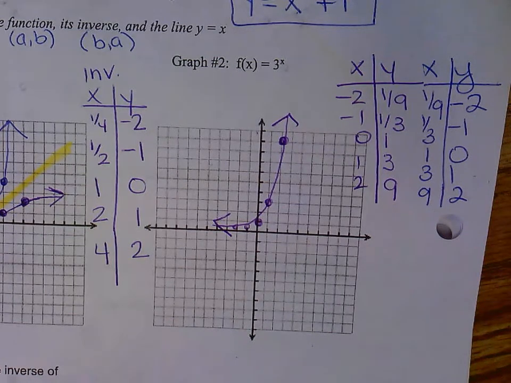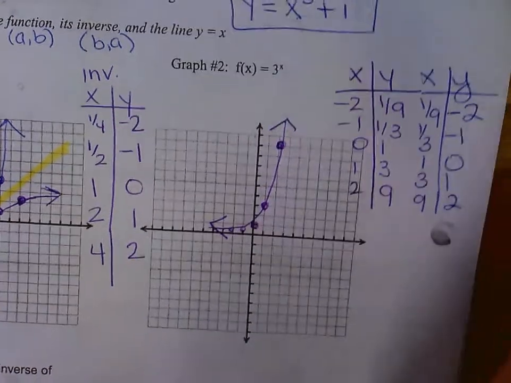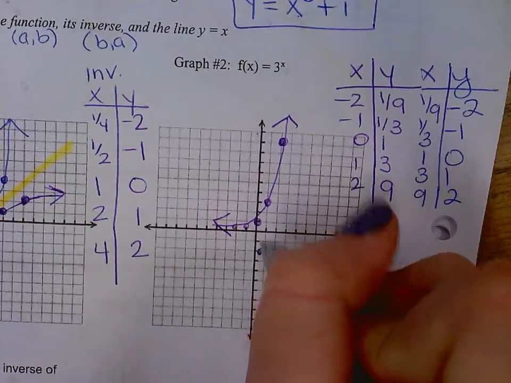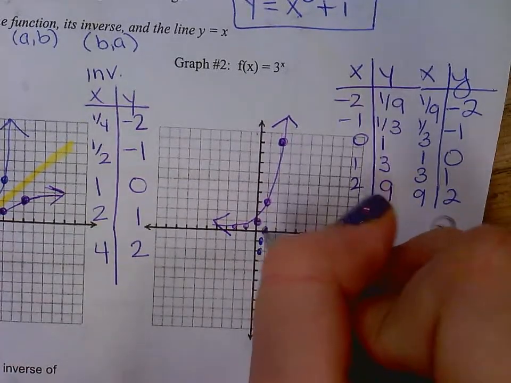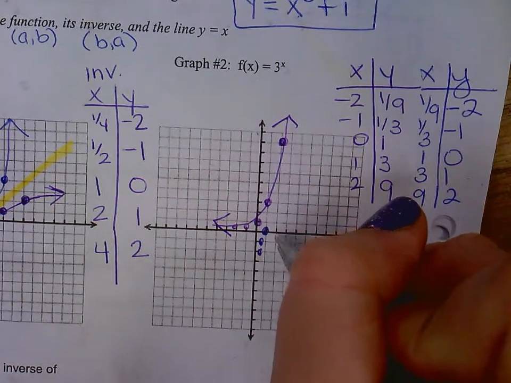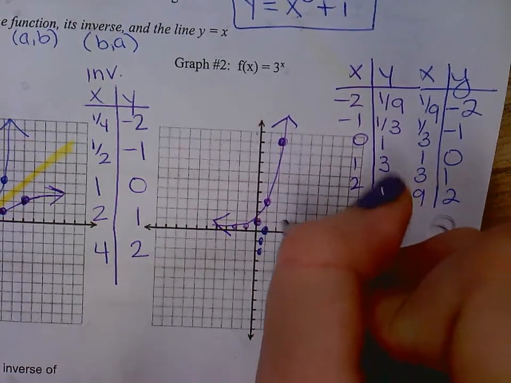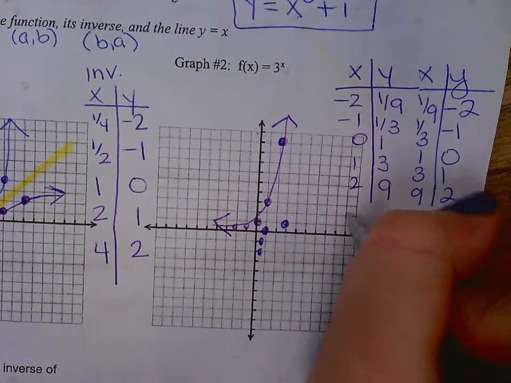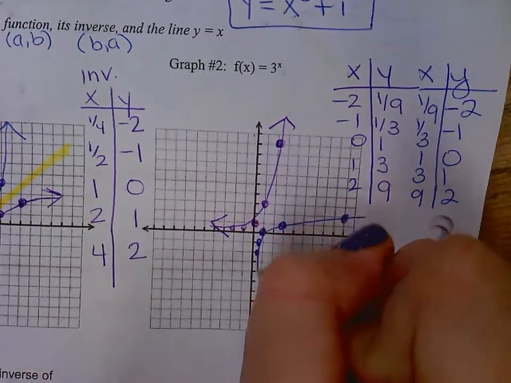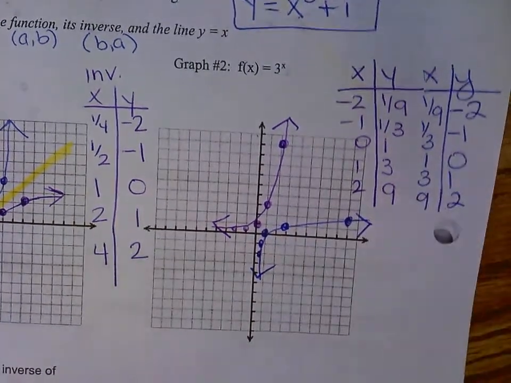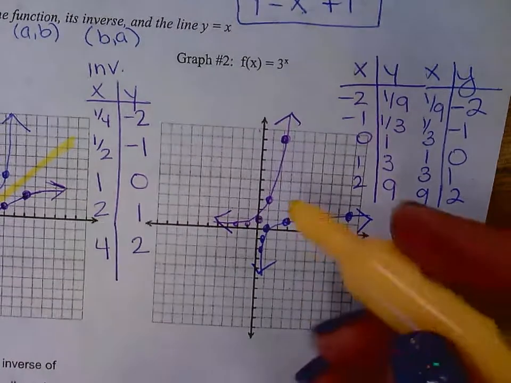If you can do it in your head, do it in your head. So at 1/9, I'm at -2, -1, 0, 3, 1, and 9, 2 would look like this. So it's a lot steeper than the other one, and it's still a reflection over the line y equals x.